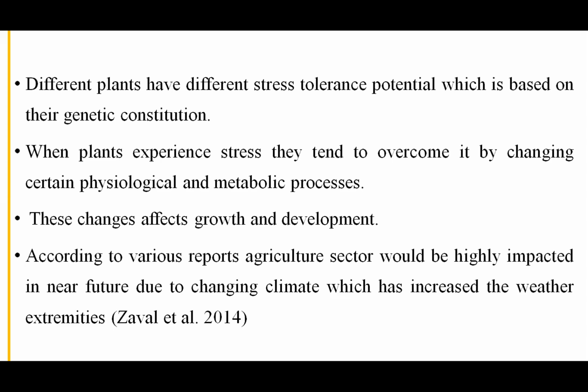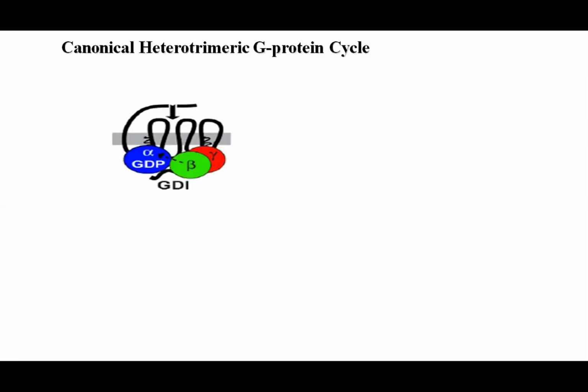It will try to save its life, so it's changing its physiology, it's changing its growth pattern, and overall growth is affected in that sense. So there are various reports, and the agriculture sector is going to be highly impacted due to all these changing climate situations, and we need to think about a strategy for how we are going to cope with these situations.